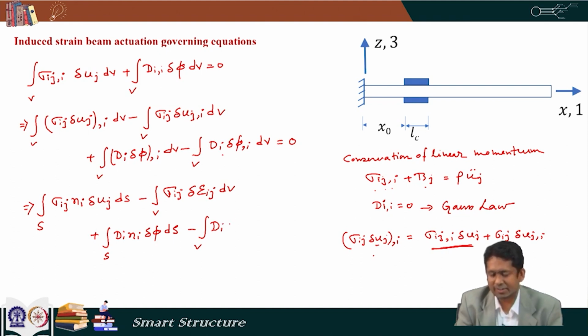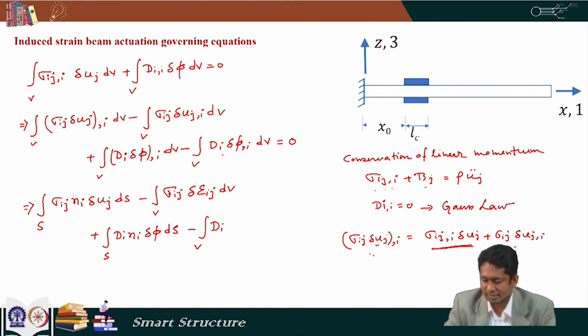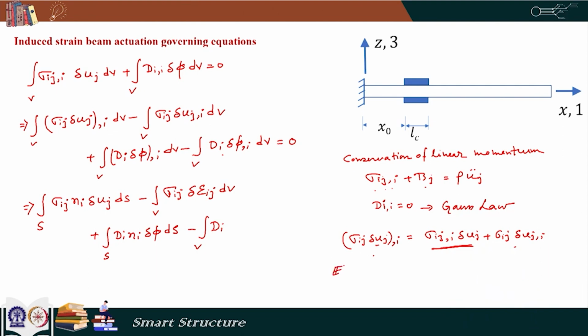Now, phi comma i is nothing but the negative of the electric field, because we have seen that the electric field as a vector is minus the gradient of the potential phi. So, from here we can just write that the electric field along i direction, E i, is just minus phi comma i.